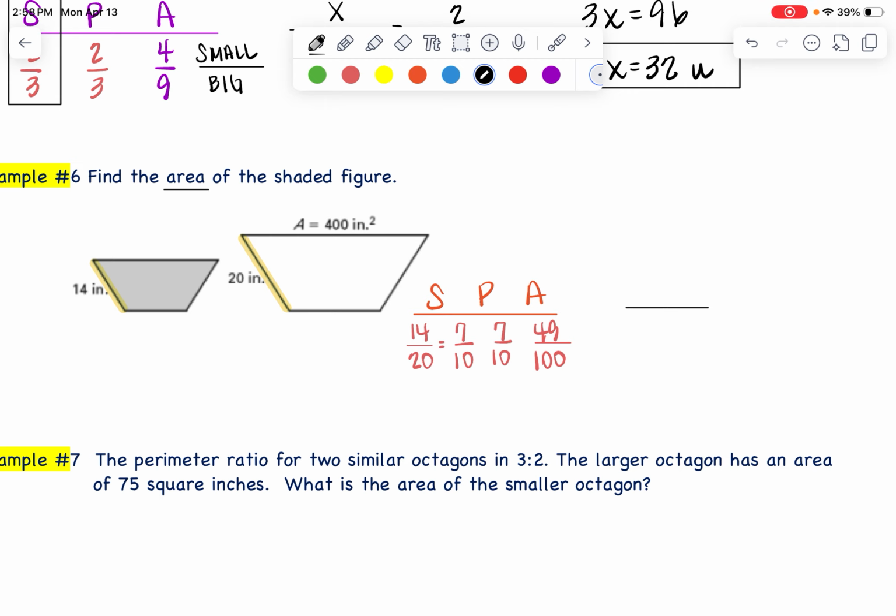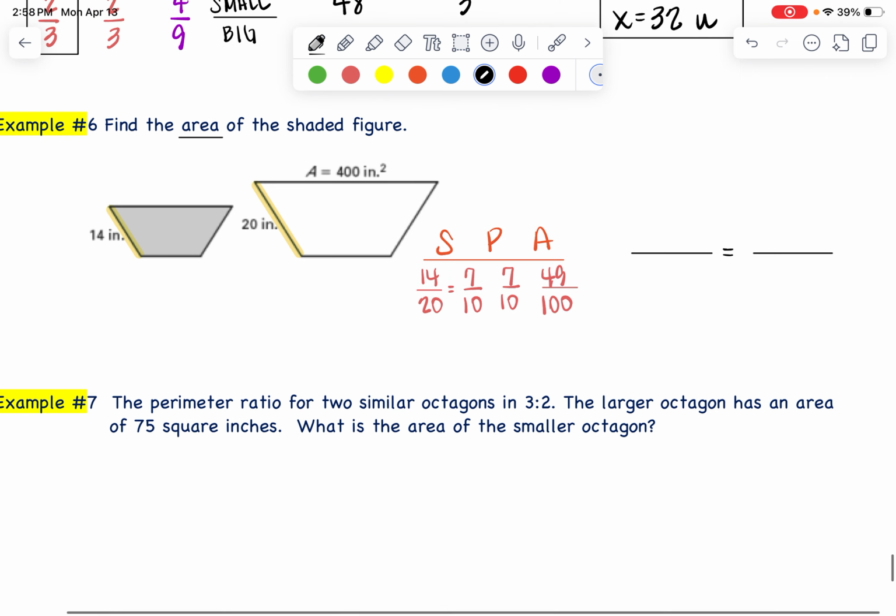Okay, I'm going to set up a proportion. I know this one's not too hard to do just in your head, but I'm still going to set up the proportion. When I set up my SPA chart, I did small to big. I'm always thinking a step ahead, sorry. So small to big.